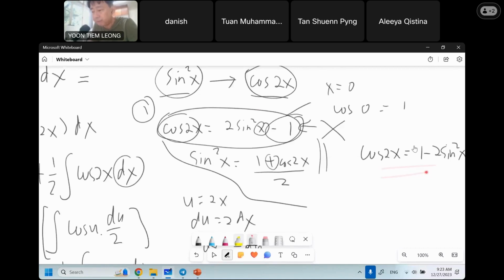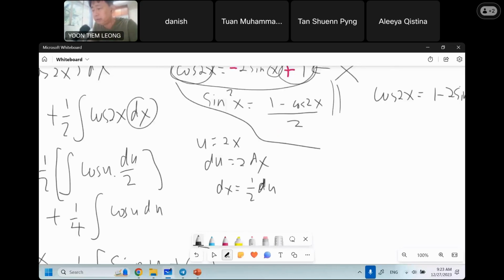That should be a plus sign and a minus sign. So sine square x would then be equal to 1 minus, okay, that should be a minus sign here, 1 minus cos 2x over 2. So that is the correction I have to make.